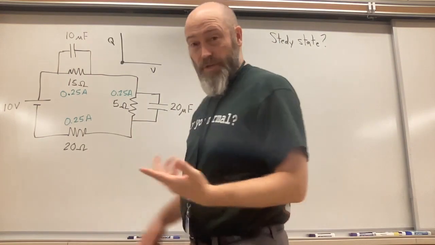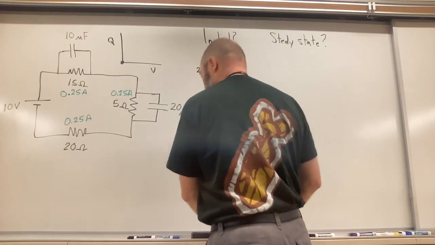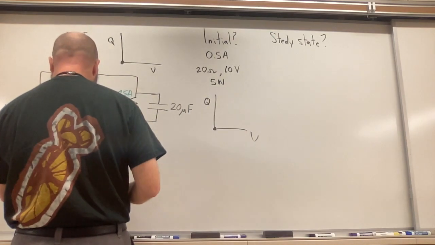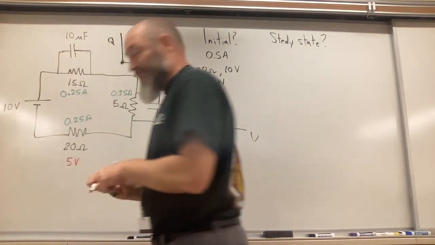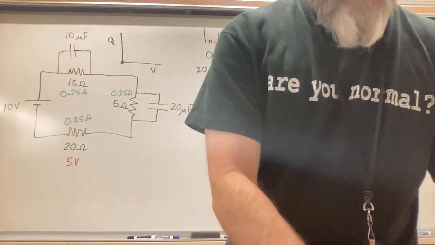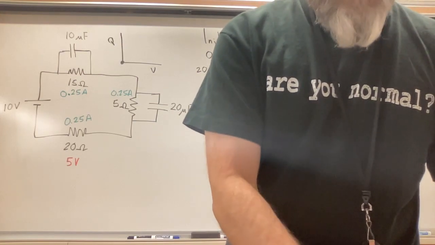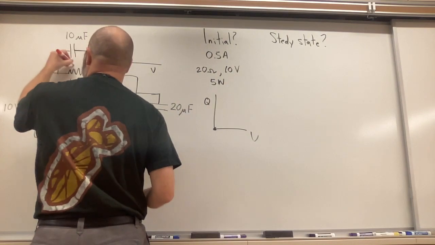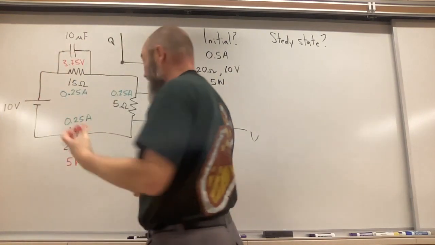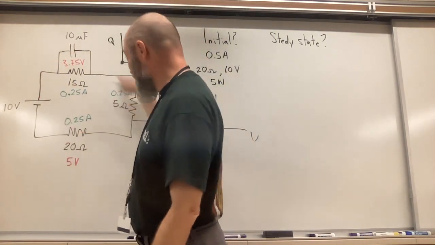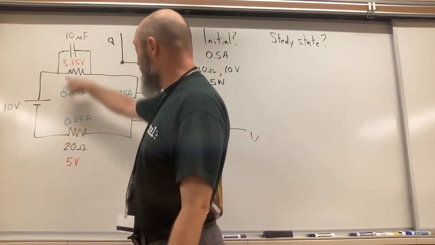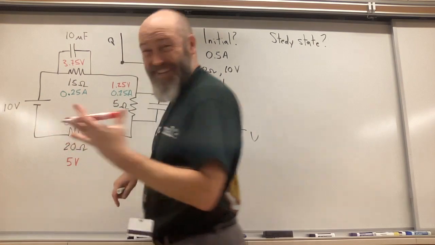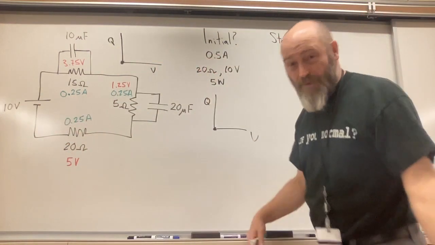So for this guy, the voltage would be 5 volts. For this one, I'm going to have to use a calculator: 15 times 0.25 is 3.75. And then this one, if you do your loop rule going around, this is 5, that's 3.75, this had better be 1.25, and if you plug it in your calculator, you see it is 1.25.